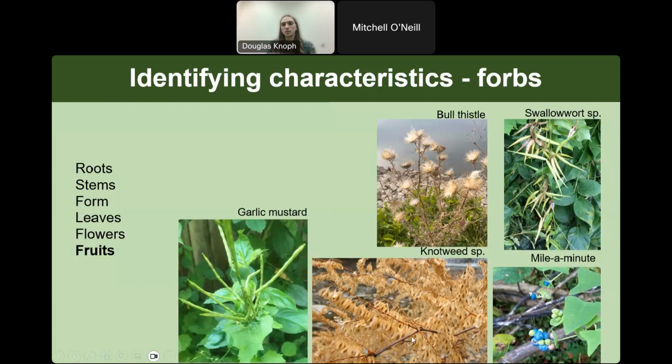Winged seeds, so things like knotweed will have these papery wings that help to carry seeds to new locations. And then again, there's a wide array of colors and shapes and structures. So something like mile-a-minute might have a very striking blue color to the fruit. So if it's late in the season and you can't see the leaves as well, the fruit is a good indicator.